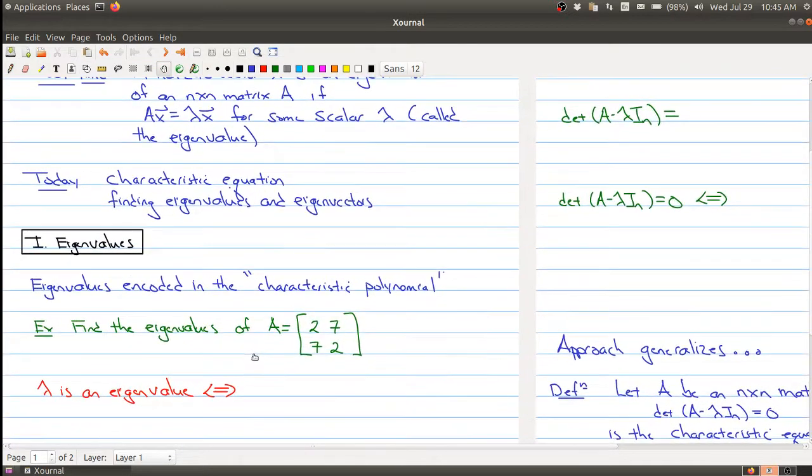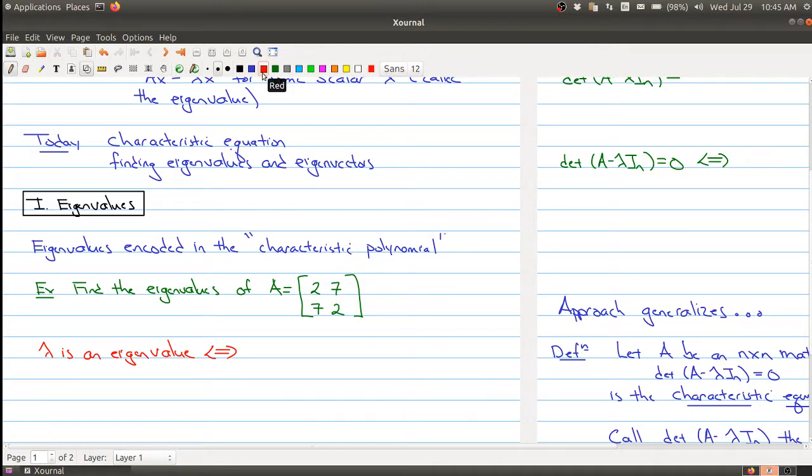So let's say we wanted to find the eigenvalues of this 2 by 2 matrix, 2, 7, 7, 2. So we want to find an eigenvalue. And from last class, we know that that means that we can find a non-trivial solution to the equation Ax equals lambda x.